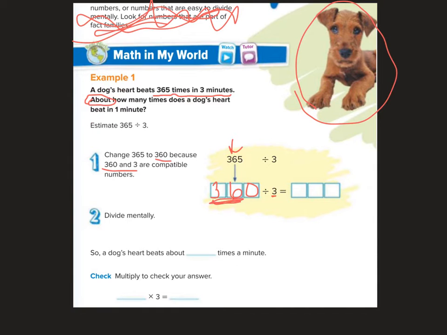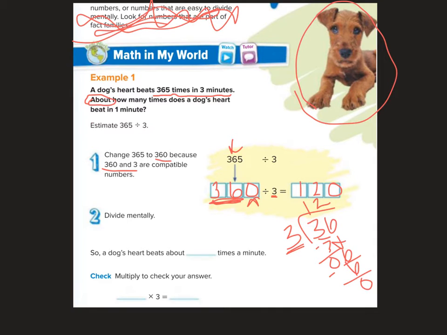So I'm going to do 36 divided by 3 is 12. All I did is I took 36. I said 3 goes into 3 once. 3 goes into 6 twice. Done. Okay? And then I have my 0 left over.